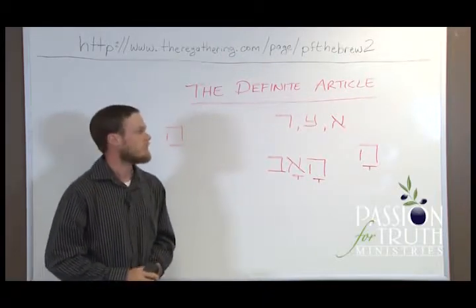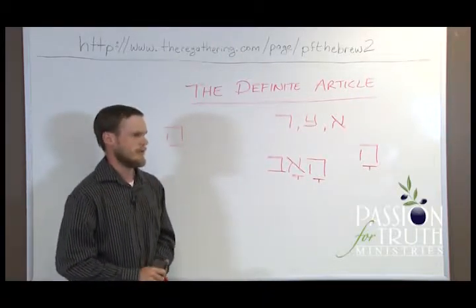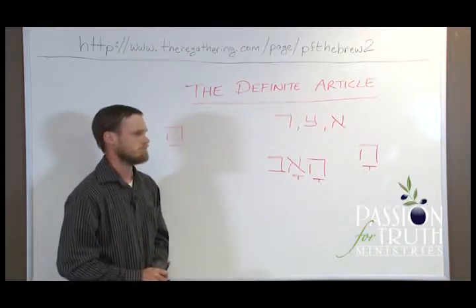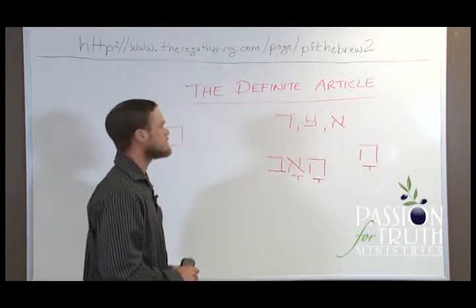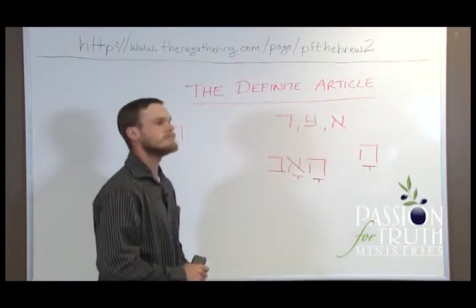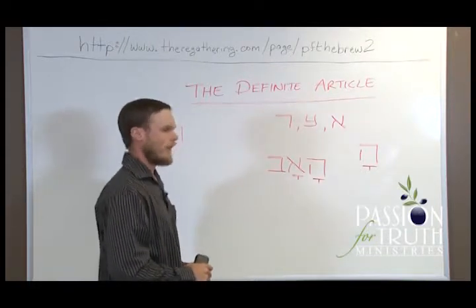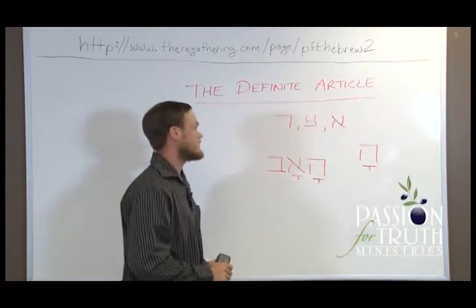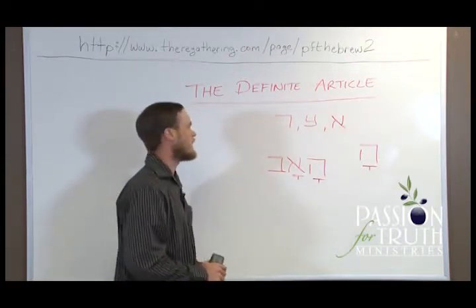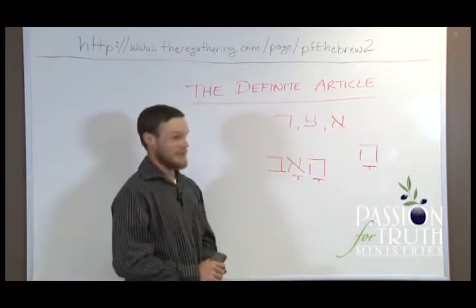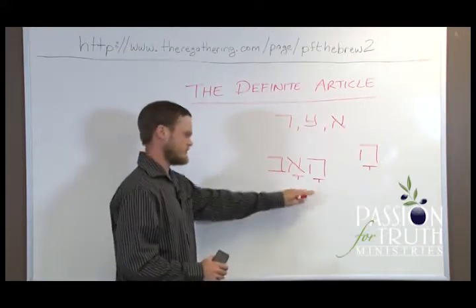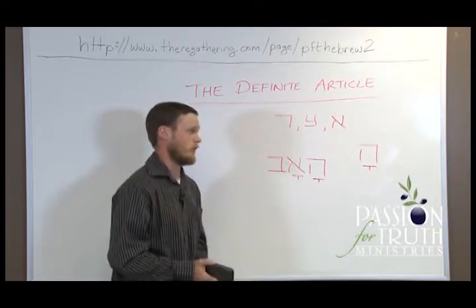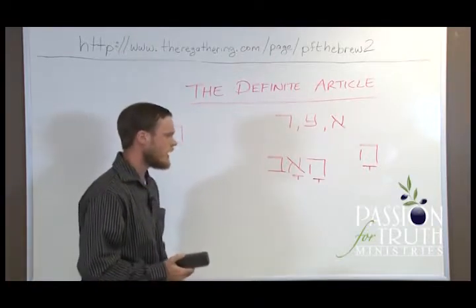Okay. So, any questions about the definite article? I learned that the kametz has a slightly longer sound than the patach. Yes, the kametz can be considered to be a long vowel. Actually, it's in every dialect. It can be a long vowel or a short vowel.